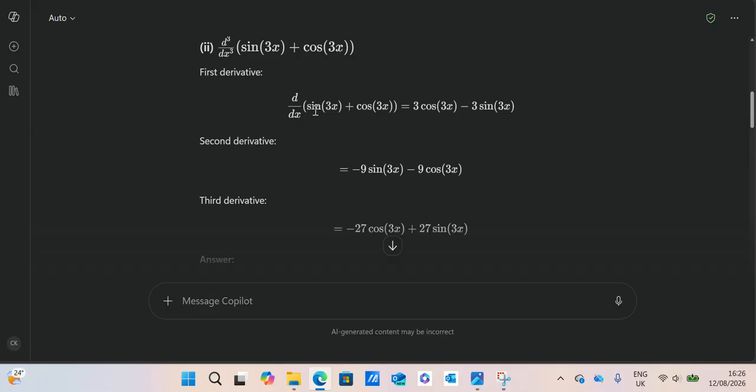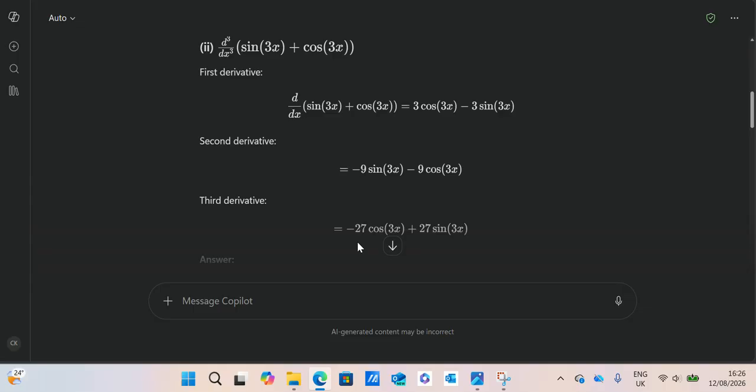First derivative goes to this. Second derivative, cos goes to minus sine. Minus sine goes to minus cos. And then he's multiplying 3 by 3 to get his 9.